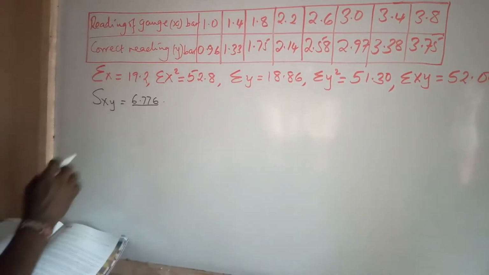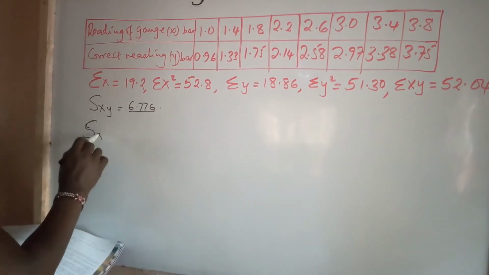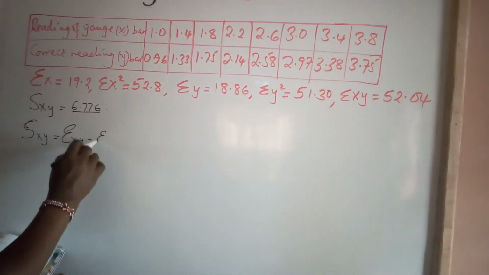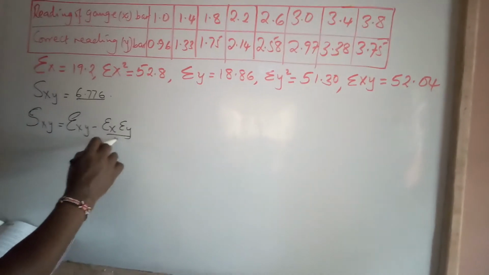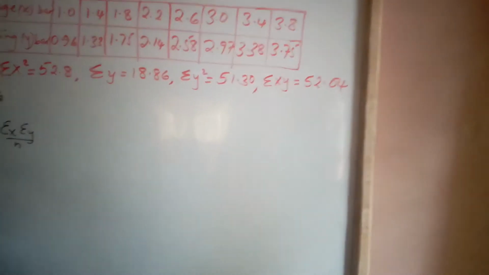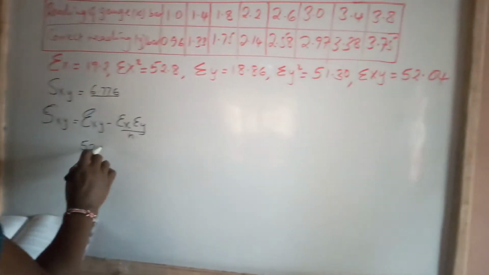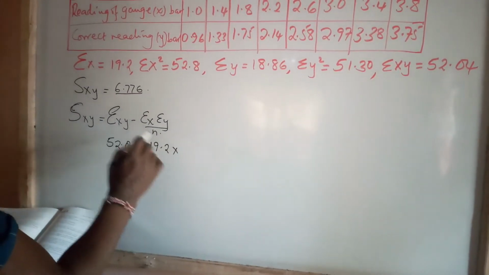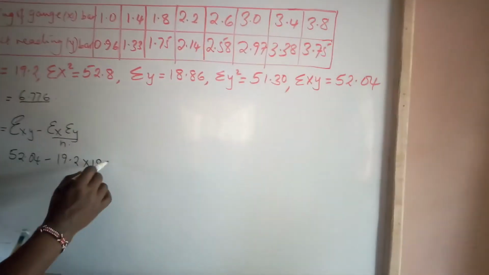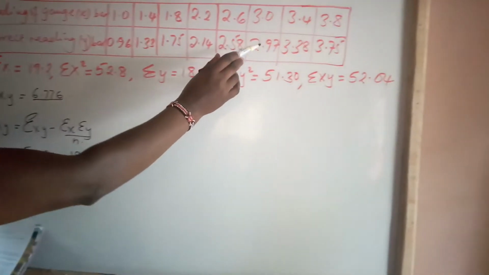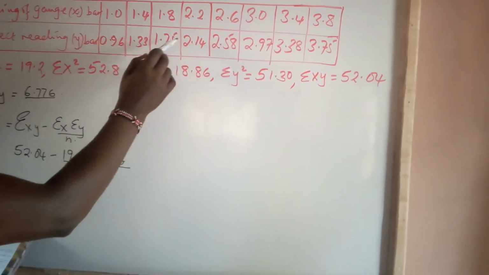As we know, SXY is given by sigma XY minus sigma X sigma Y over N. In this case, sigma XY is 52.04 minus sigma X, which is 19.2, multiplied by sigma Y, 18.86, everything over 8.